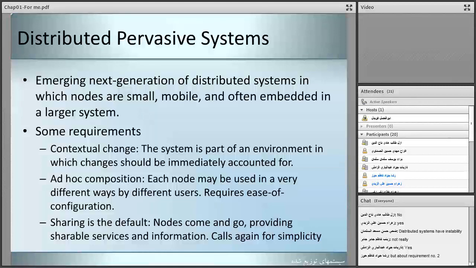So our television is a computer now. When this television is connected to the internet, it is a machine, it is a computer, it is a node in our distributed system. This type of distributed system is called pervasive systems or embedded systems. We have the same situation for our mobile phones. It's not difficult. It's easy, really, it's easy.